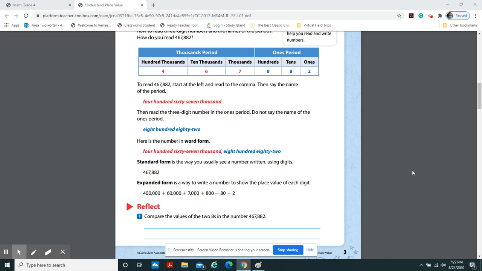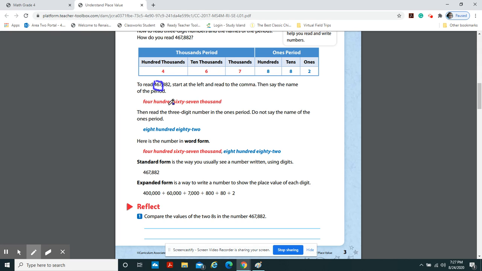The first way to write a number, and we're going to use the number 467,882. So when we read a number, we read it from left to right. I always stop at the comma by boxing the numbers.